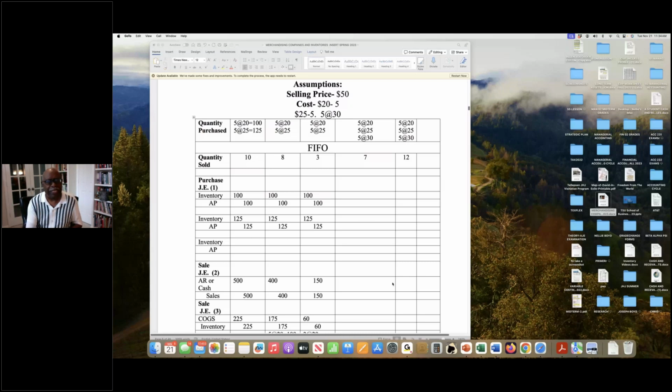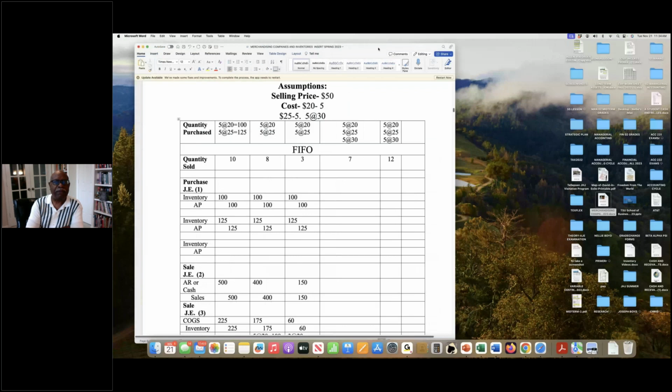So, how much money did we make when we sold 7 pairs of shoes? That's always the question. How much money did we make?